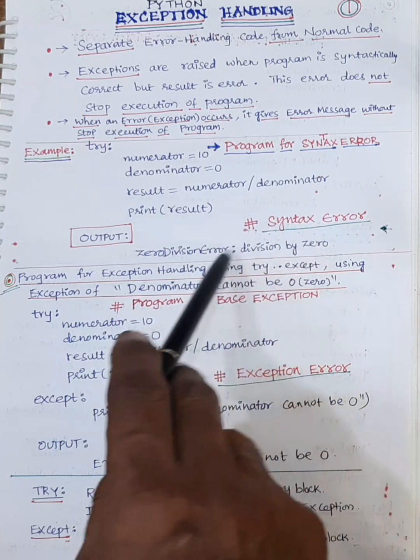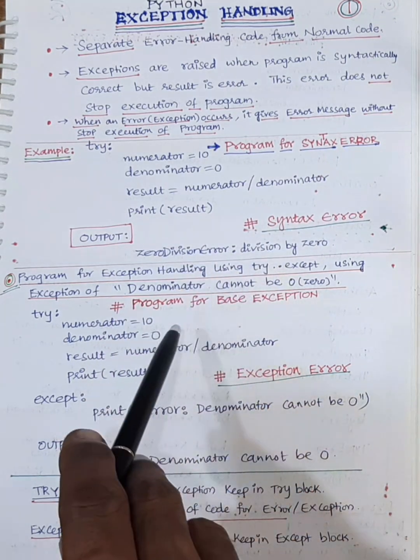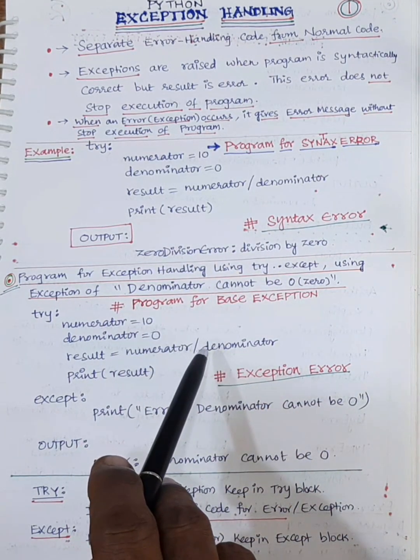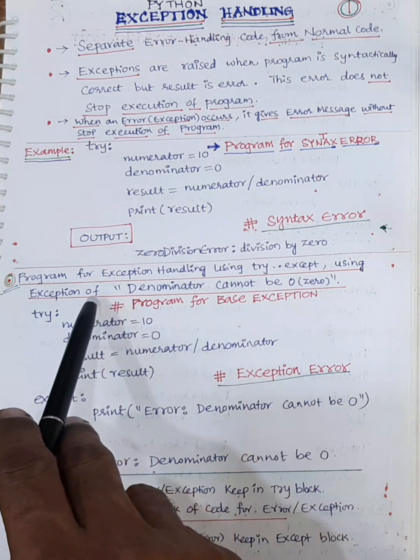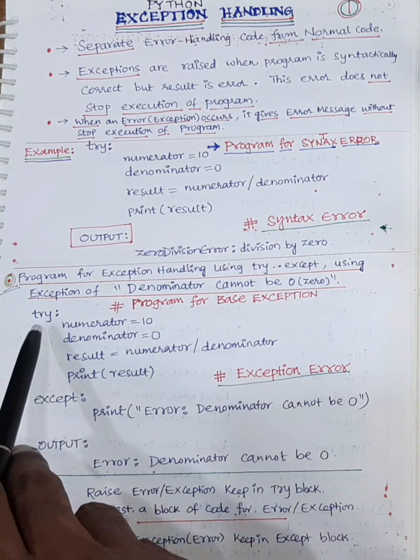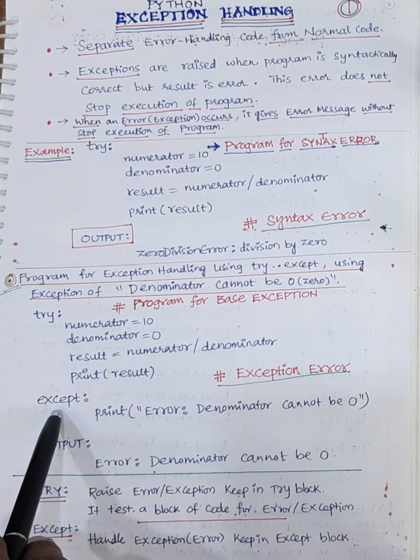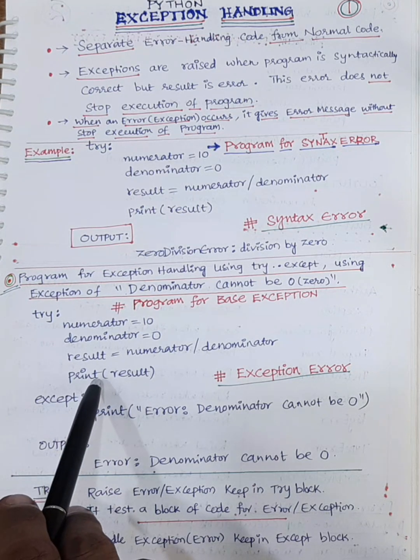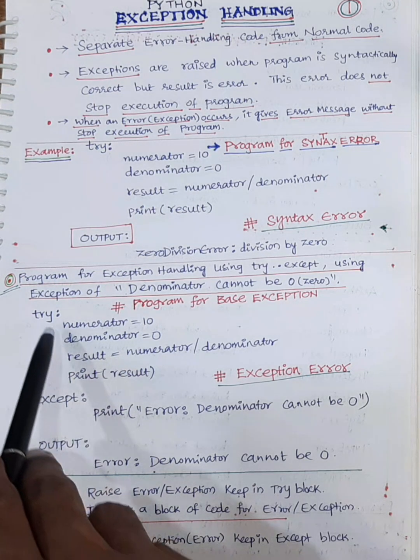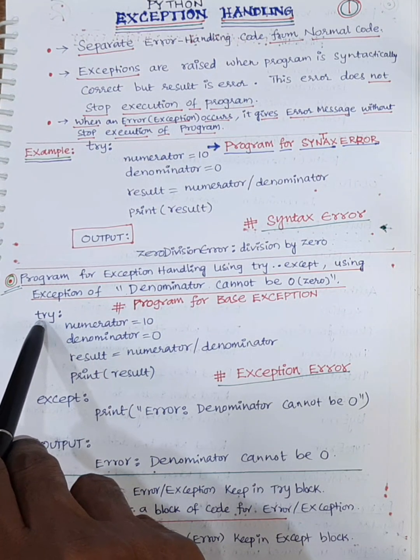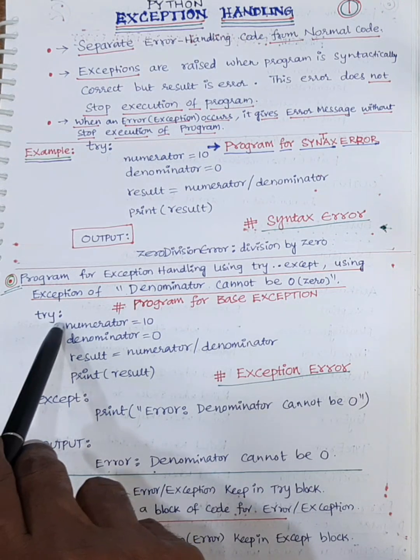This is the syntax error. But whereas in the case of exception handling, you see here we use try and except. Here what we are going to raise the error, we keep in the try. Try is a keyword or reserved word or predefined word. The meaning is already predefined by the developer.